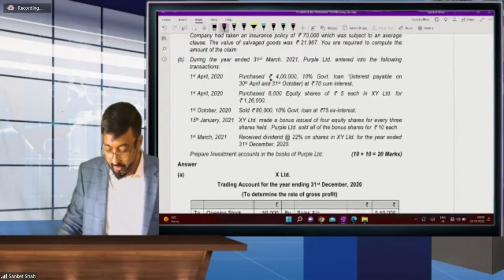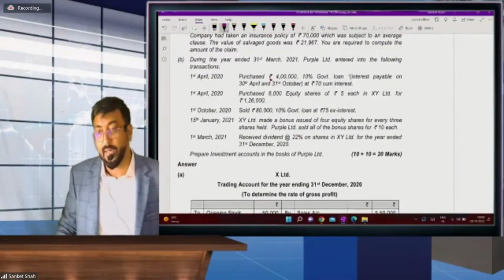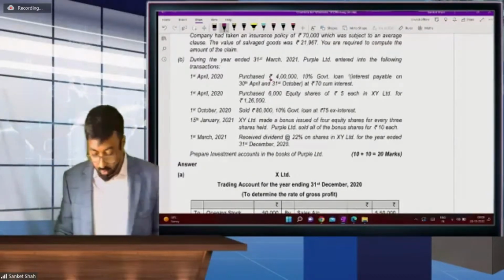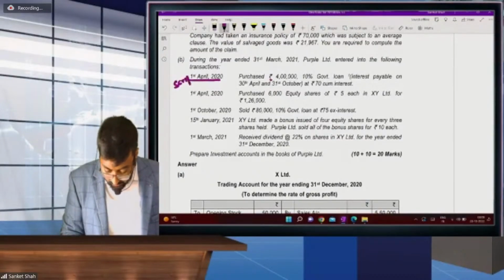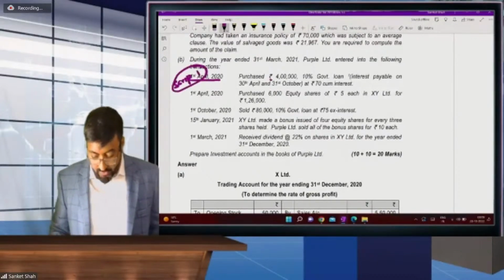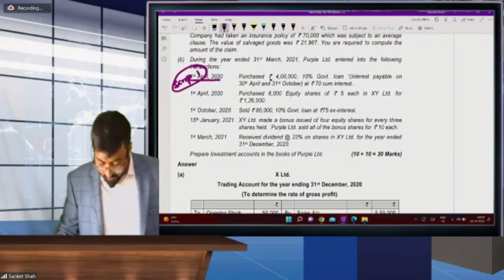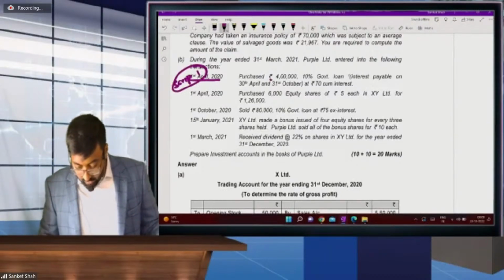During the year ended 31st March 21, Purple Limited entered into the following transactions. 1st April 2021. Now this is script number 1. There are two scripts. Script 1 is equity share, and script 2 is government loan.